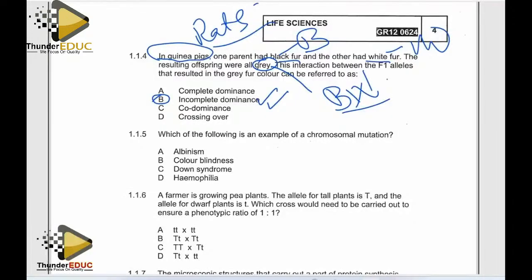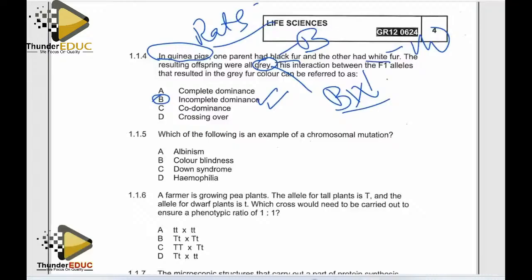But when the whole chromosome changes, for example you have an extra chromosome like Down syndrome, Klinefelter syndrome, Turner syndrome, that is as a result of an extra chromosome. Therefore, because it is an extra chromosome, we call it chromosomal mutation.